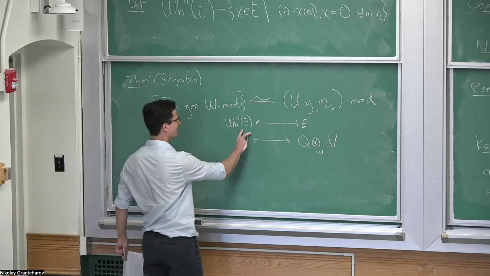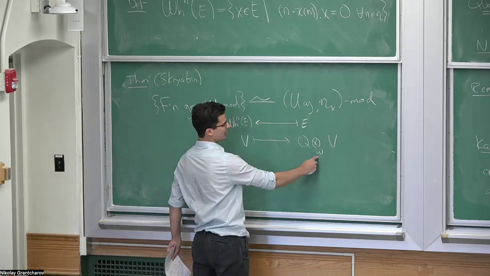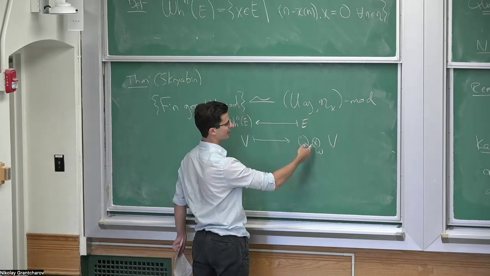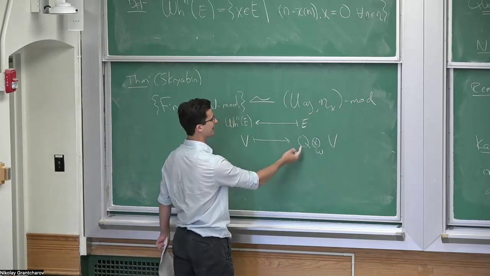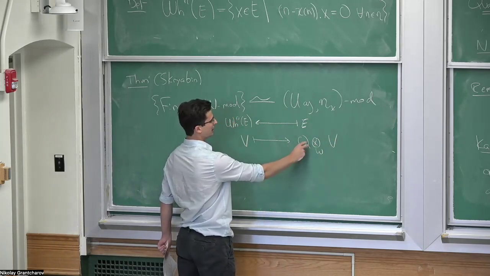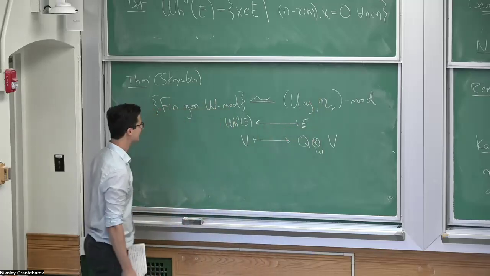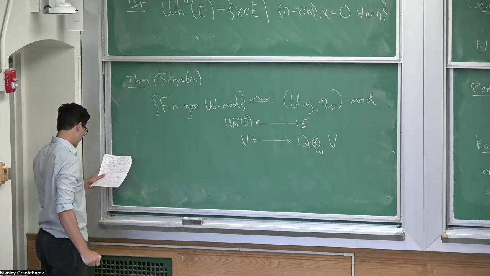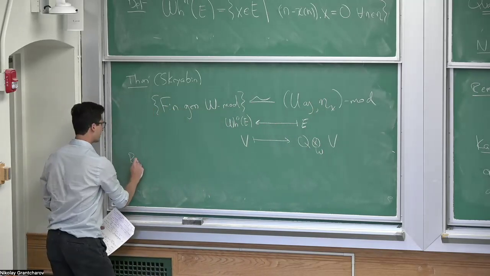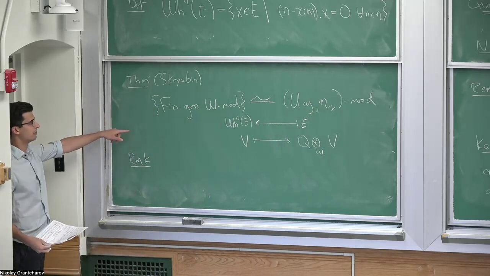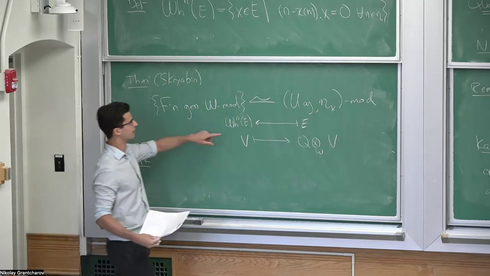Anyway, V is a W module, and W sits inside Q as the invariance, so you can make sense of this. Q itself lives inside here, as we just explained. Just a remark before I give the proof: this is completely analogous to Kashiwara's theorem in the D-modules setting.